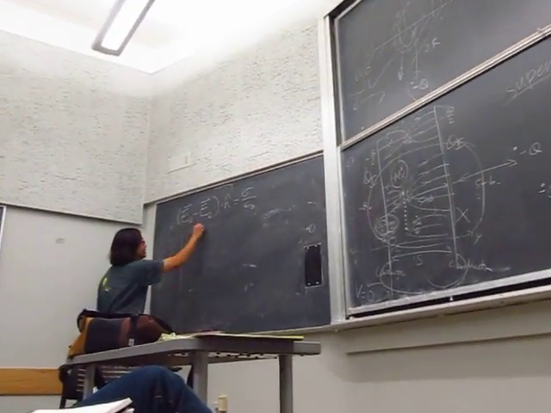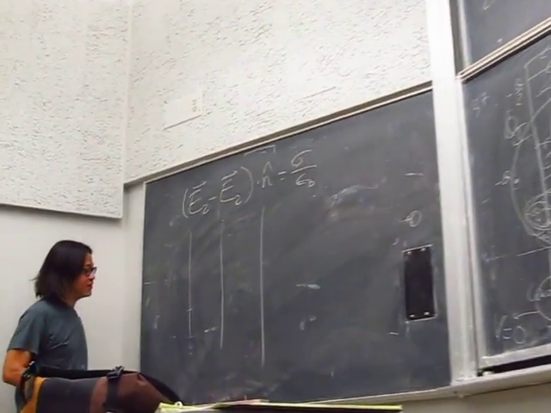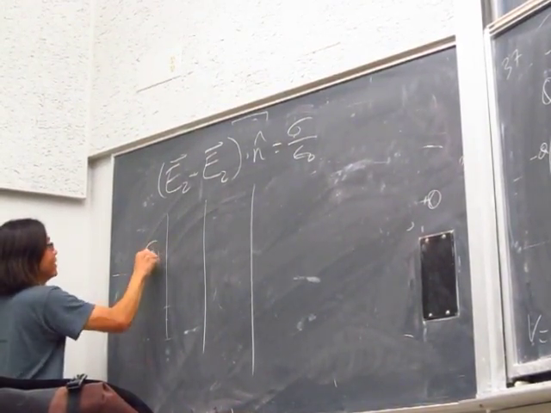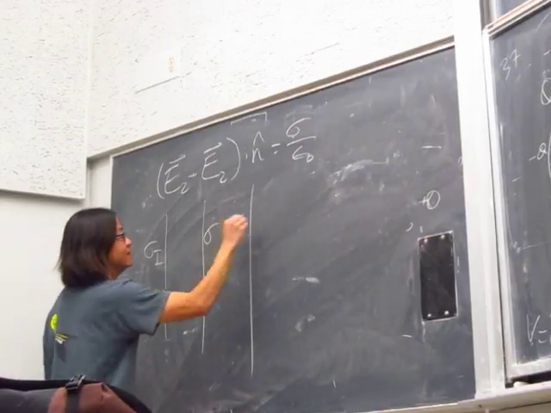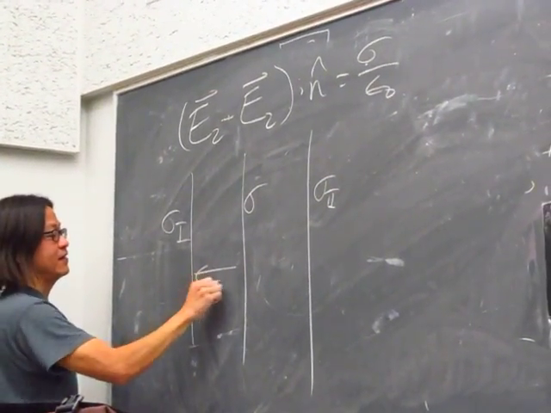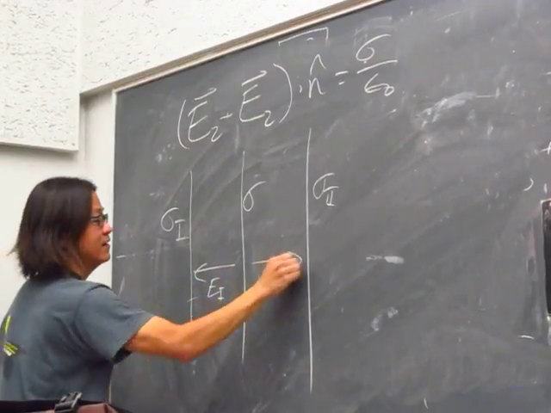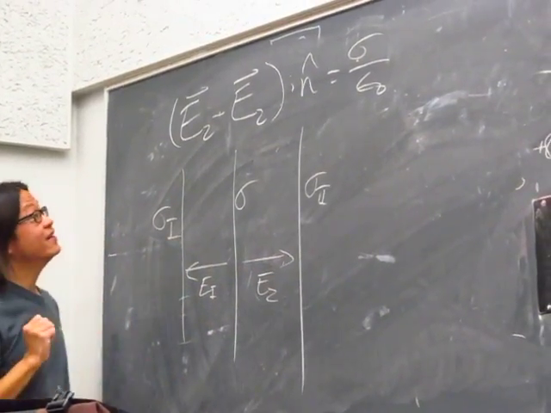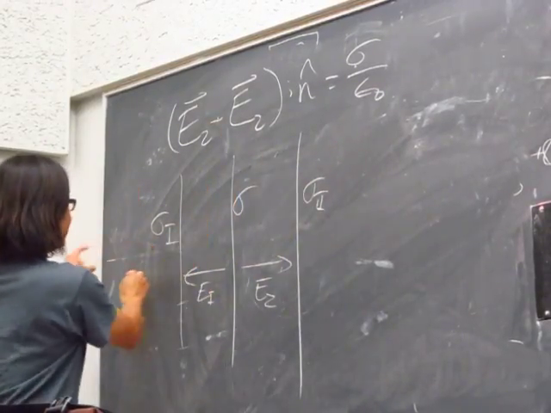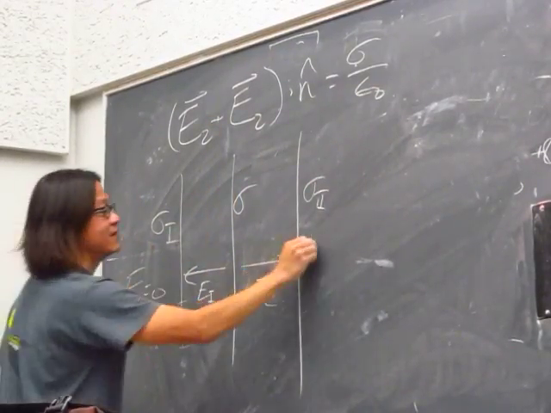So if I look at these three sheets here, this is sigma 1 here, and this is sigma 2, and there's an electric field here, E1, E2, right? Then sigma 1, and the electric field is 0 here, electric field is 0 here, right?